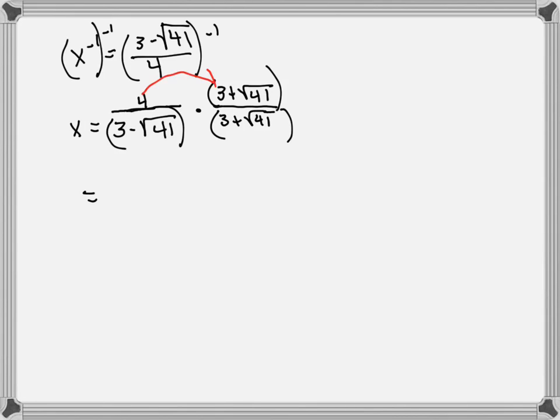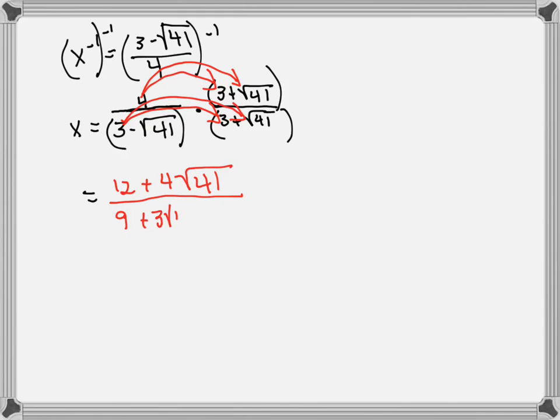And then we'll distribute. We will have 12 plus 4 radical 41 over 9 plus 3 radical 41 minus 3 radical 41 minus 41.